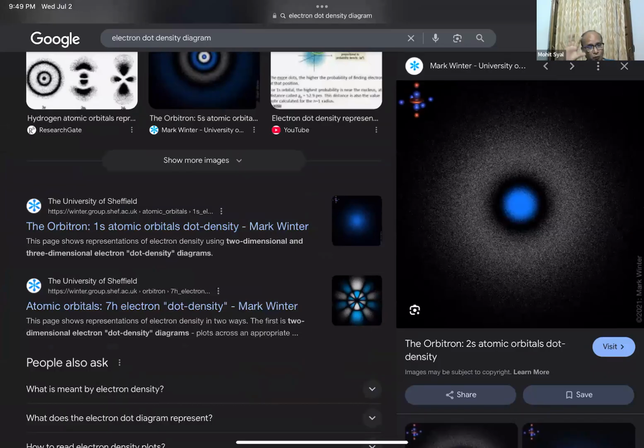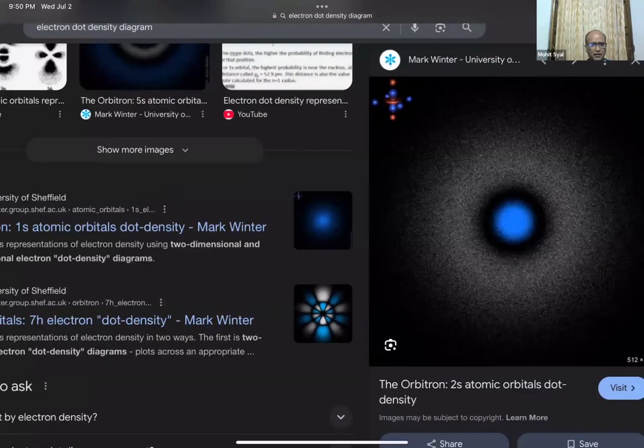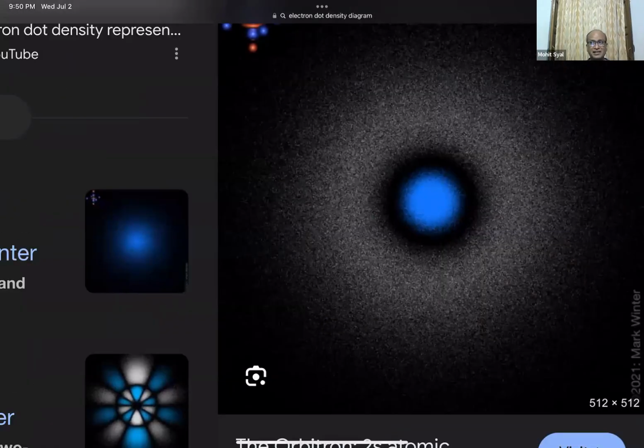If the wave is very little, its amplitude is small. This is just one single electron, and part of that electron is present over here.